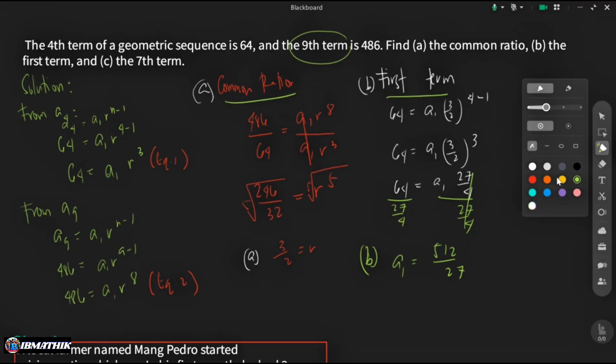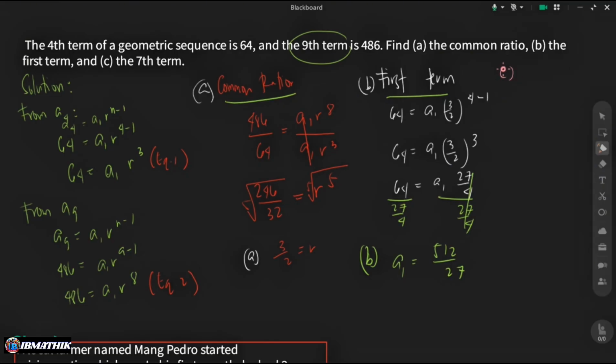What about letter C, the seventh term? Letter C, seventh term. So let's proceed. We have our first term, 512 over 27. Our r, 3 over 2. Our n, 7. And we need to look for the nth term. So the formula, first term times r to the n minus 1.